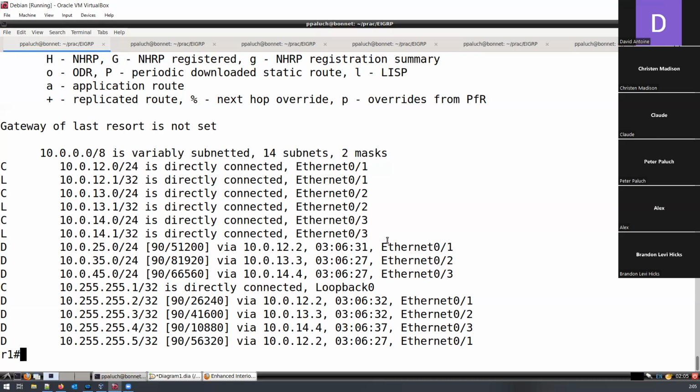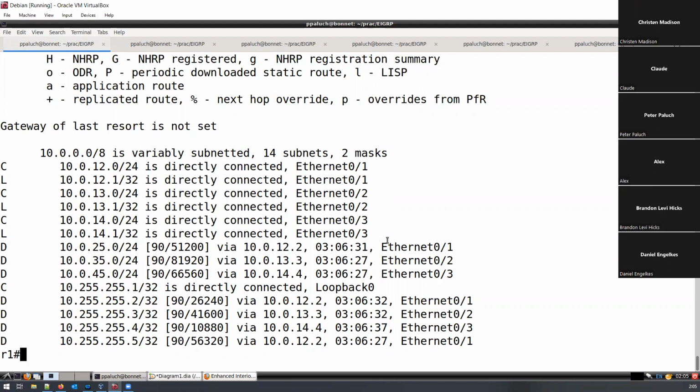So it's probably known that EIGRP comes in with a complicated way of computing metric. Some people call it the composite metric, some call it the multivariate. And this owes to the old IGRP that was designed to try to take something more smart into account rather than just the hop count.